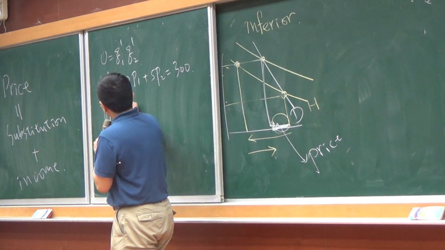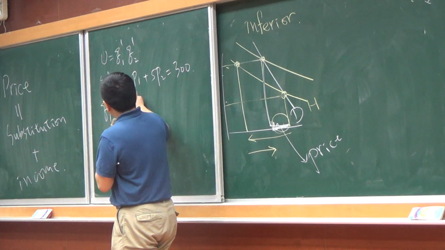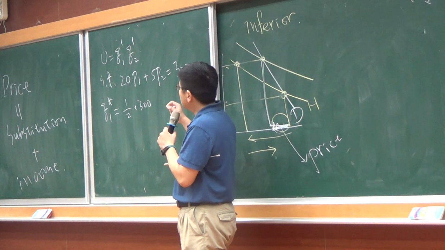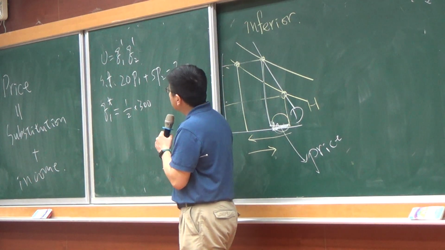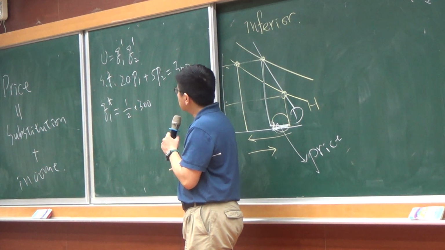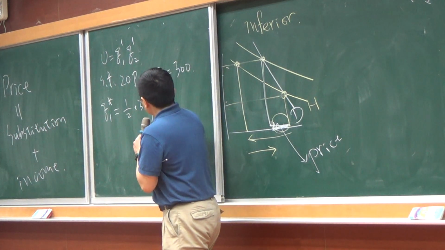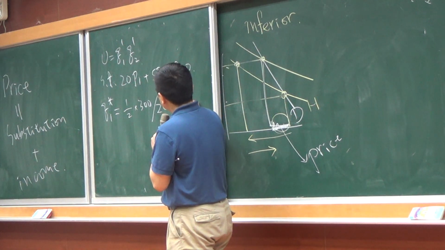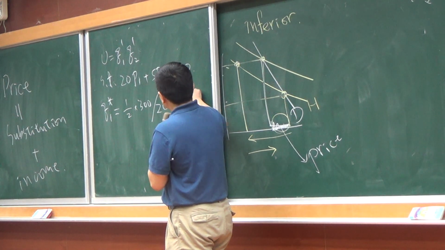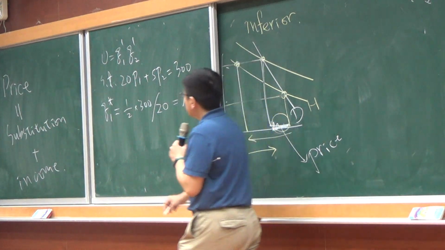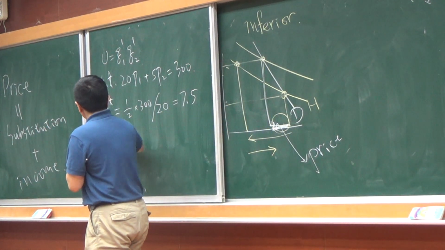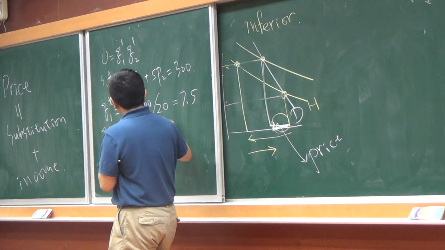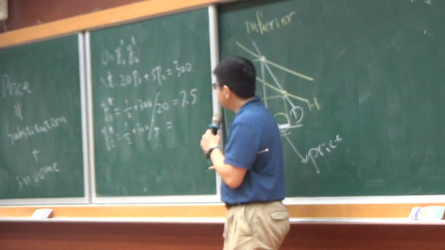So 1/2 of this $300 was spent on good 1, and for each the price is 20, so it would be 7.5, right? And Q2 star would be 1/2 of 300 divided by the price 5, it will be 30.